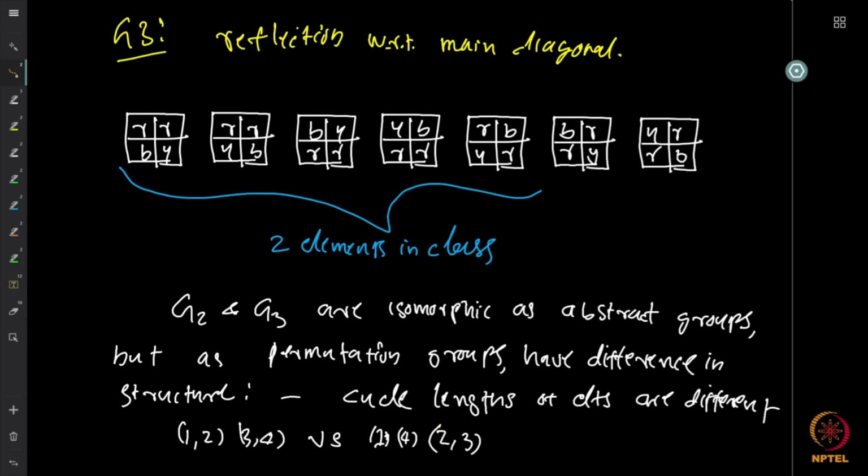This is precisely what makes them different. The difference in their action is precisely because of the difference in the cycle structure. We will see more about this as we go. In fact, we are going to make use of precisely this observation, and that is the essential part of our Polya theory.